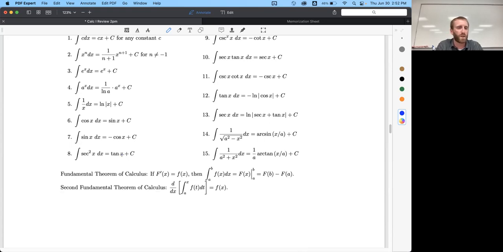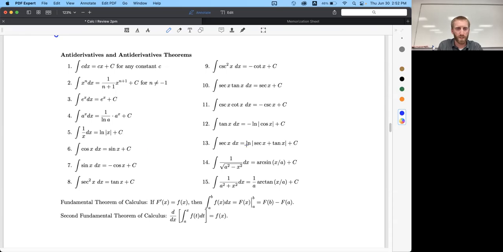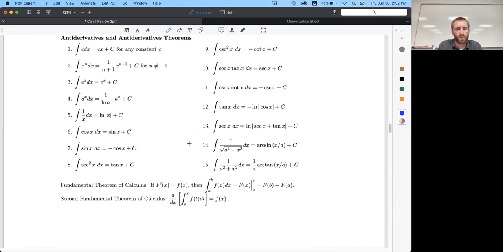Any function that has a derivative equal to sine of x, for instance, could be negative cosine x, but it could have been +1, it could have been +0, it could have been +20. We wouldn't know because that constant derivative would have gone to 0, and it wouldn't be represented inside of this integral. So they all have plus c's. Otherwise, it's just the opposite of that chart.